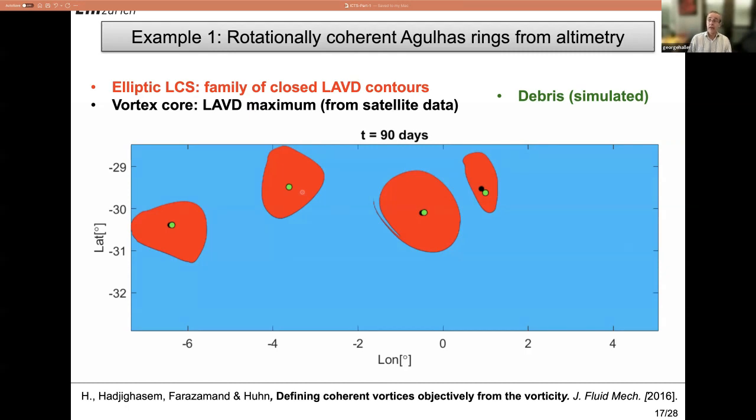But whenever you have a converging drifter, rather than one that spirals out, and whenever that drifter, to a very good approximation, obeys the Maxey-Riley equations, then it has to go to the LAVD maximum. That's luckily a theorem.